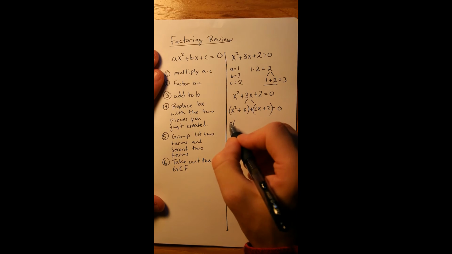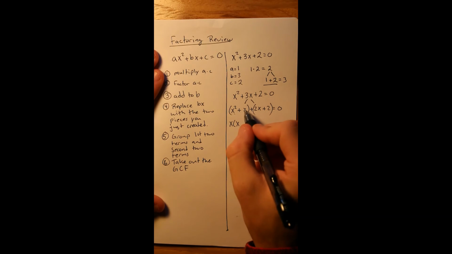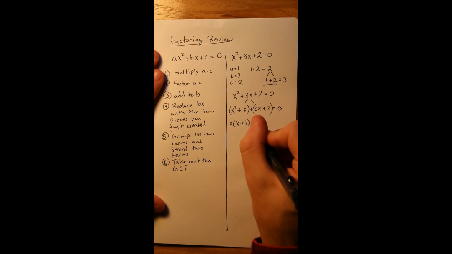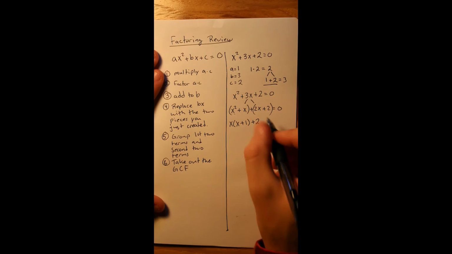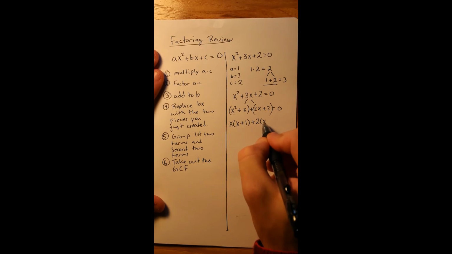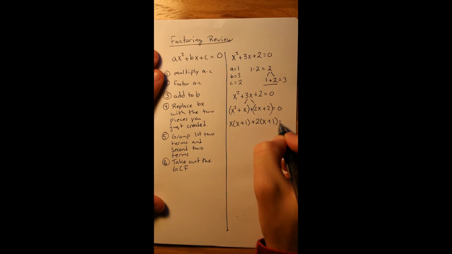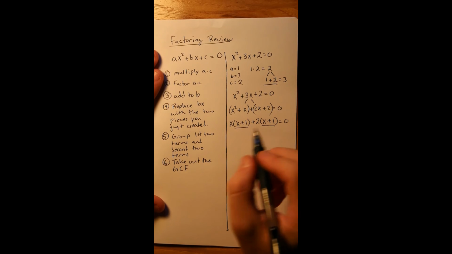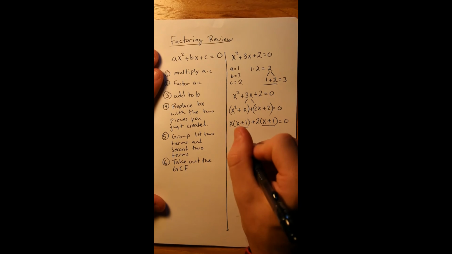So x squared divided by x is x. X divided by itself is just 1. Now what do these two things have in common? A 2. So I'm going to put plus 2 because it was a positive 2 that they had in common. And what's left? X plus, what's 2 divided by 2? 1. And lastly, we notice these two things share that x plus 1.